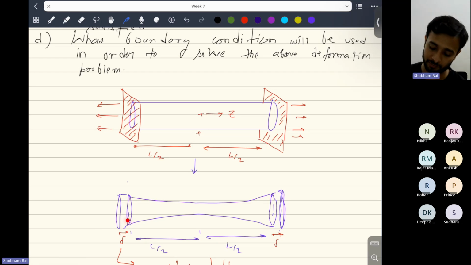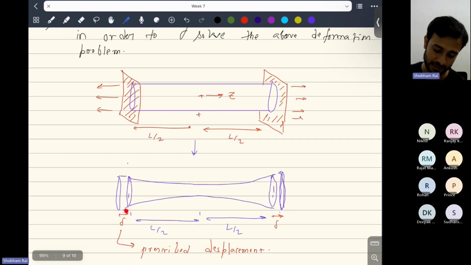Across the whole cross section, you have prescribed uz that is delta, right? So at z is equal to minus L by 2, you have uz as delta, and at z is equal to plus L by 2 also, you have uz as delta. So both uz are prescribed.